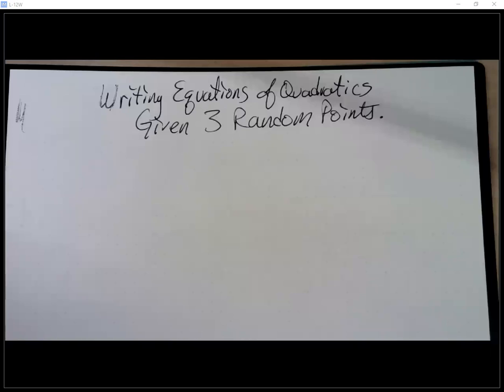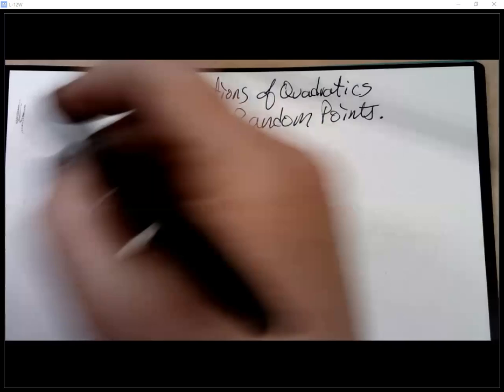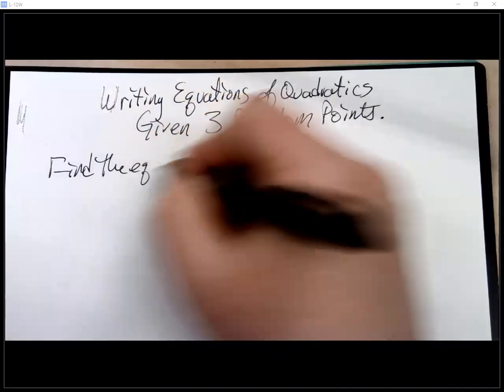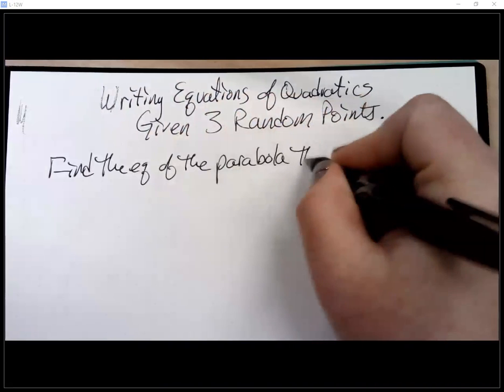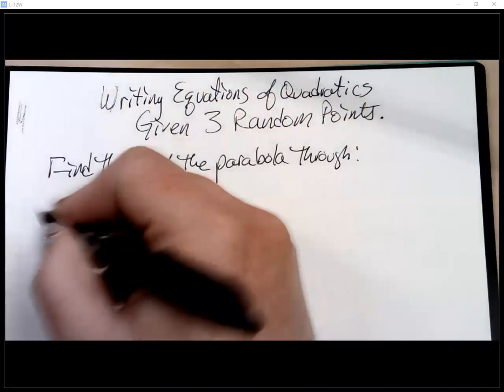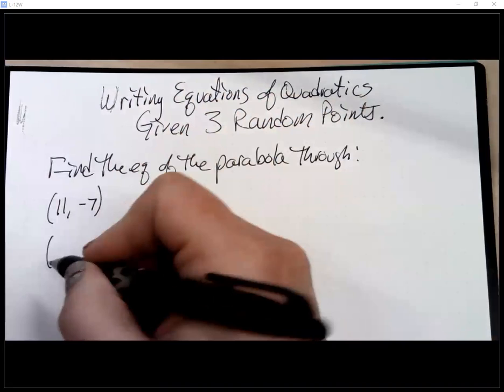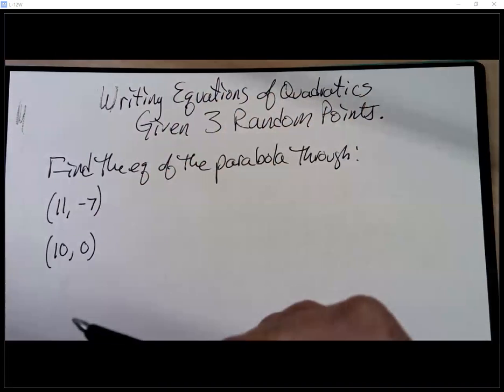Okay, so I'm going to give you 3 points to start off with, and then I'll walk you through with the example as I give you some steps. So find the equation of the parabola through the first point at (11, -7), the second point at (10, 0), and the third point at (5, 5).